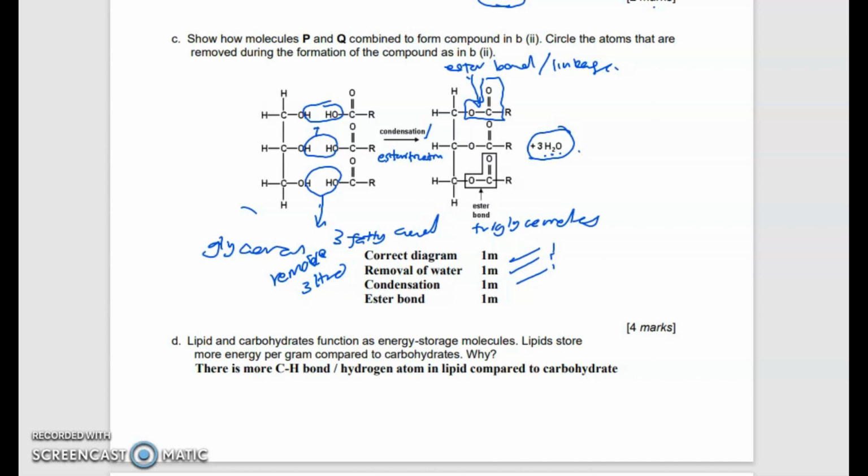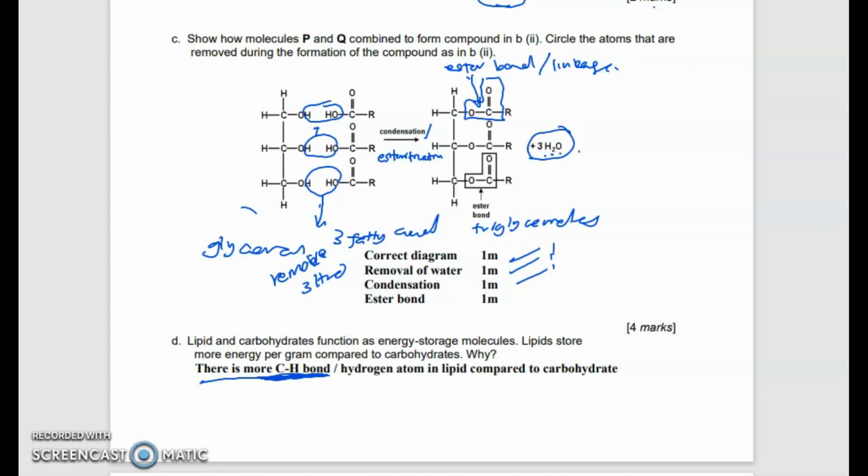In your mind map template pun memang ada. Lipid and carbohydrate function as energy storage molecule. Lipid store more energy per gram compared to carbohydrate. Why? Saya dah minta dah dan saya dah tulis kat situ. Because lipid has more CH bond.